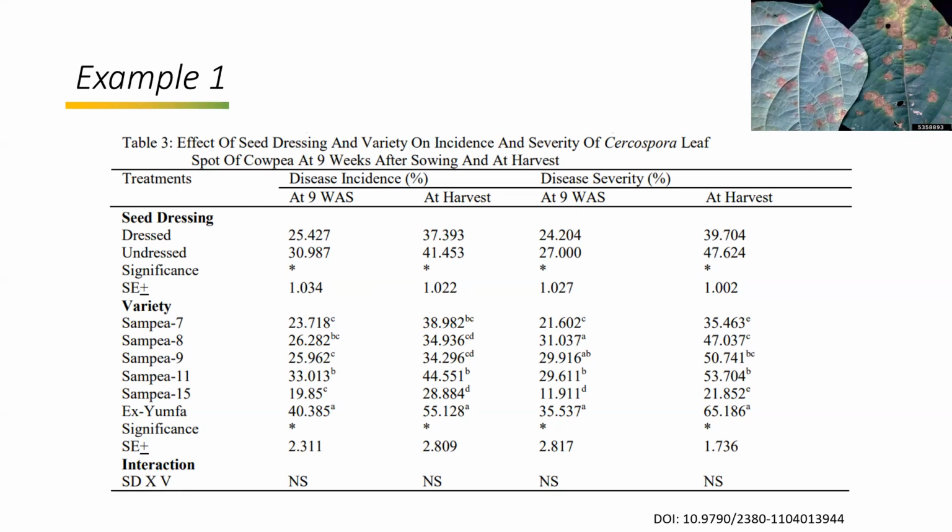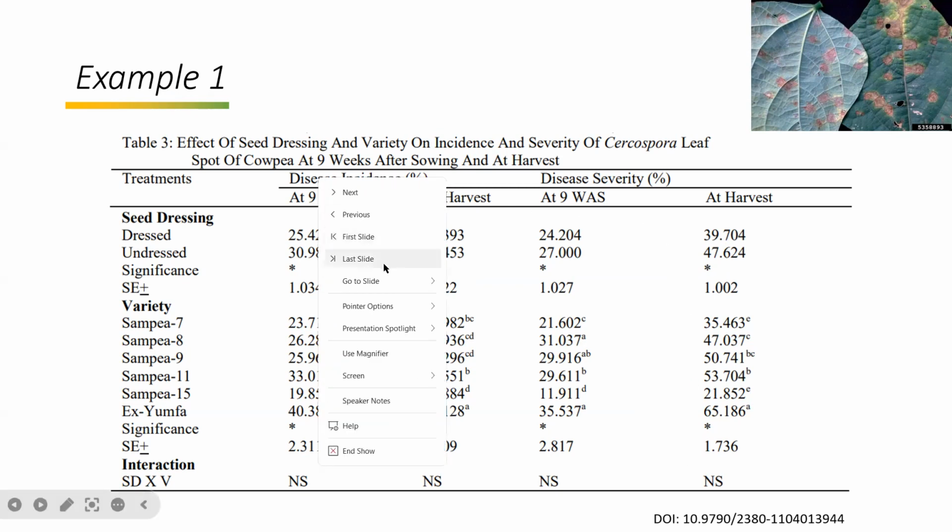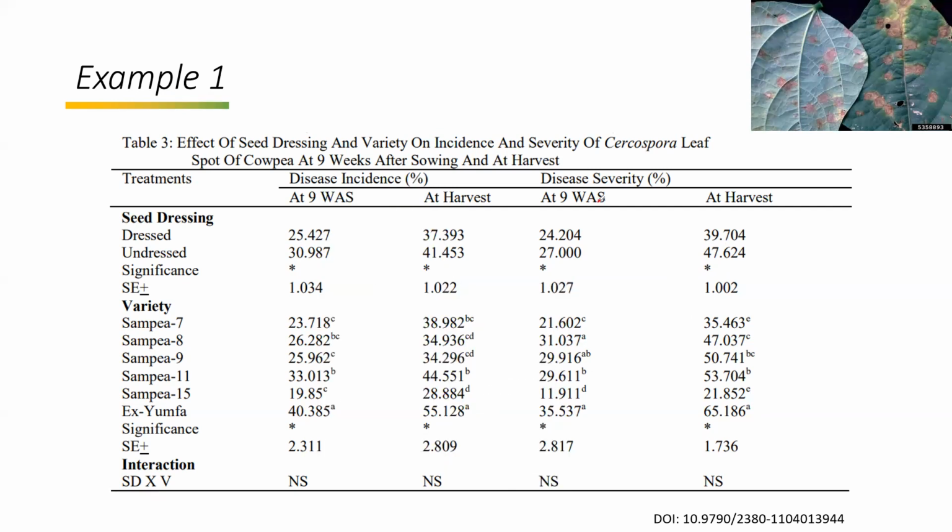Here we see that there are two data. First is disease incidence. What we are focused on is disease severity, at 9 weeks after sowing and at harvesting.